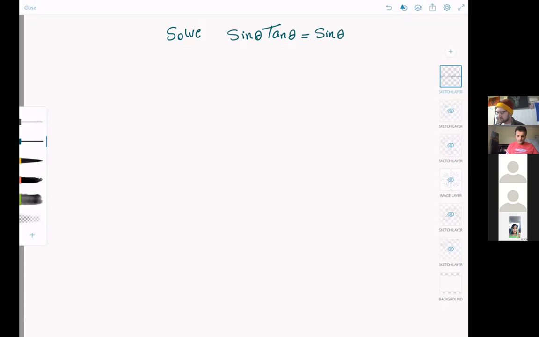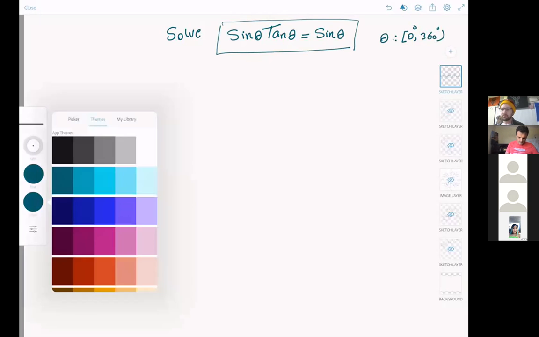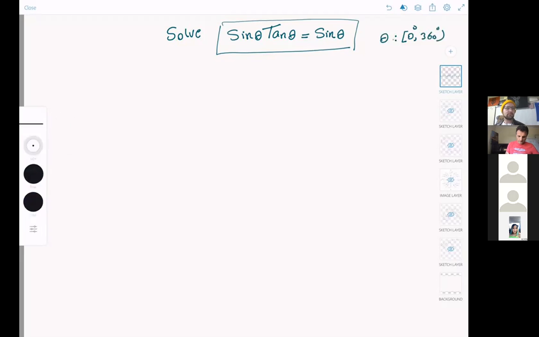So we're going to solve for theta in this equation, and theta is in the interval from 0 to 360 degrees. That's a totally different look than the previous 2 questions, correct?